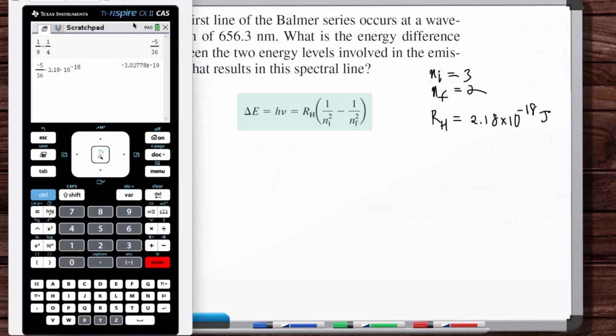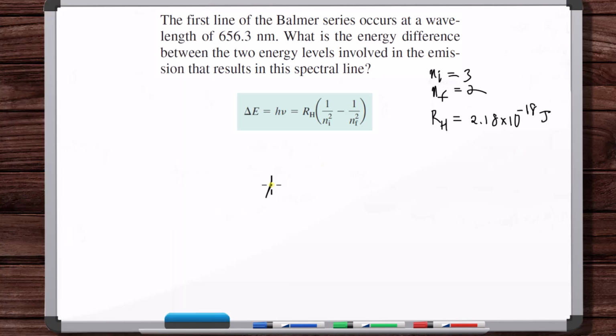Yeah, and it's negative because it emits the photon. So minus 3.03 times 10 to the minus 19 joules.